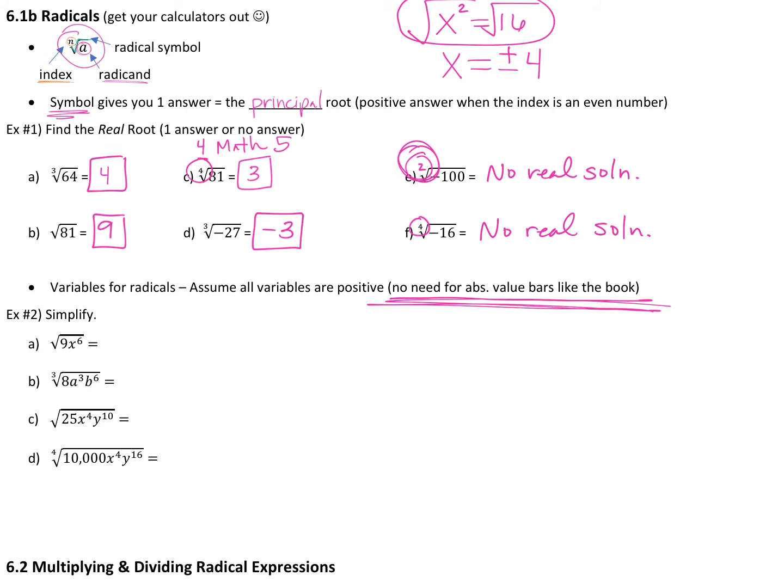So you don't need to put any absolute value bars in. So if you're going back to how the book is explaining to do it, it's going to look a little different than what I'm saying right now, just because we're keeping it simple. So just keep that in mind when you check your answers tomorrow, or it'll be the next day for you guys, Thursday. Don't worry about the absolute value bars, okay?